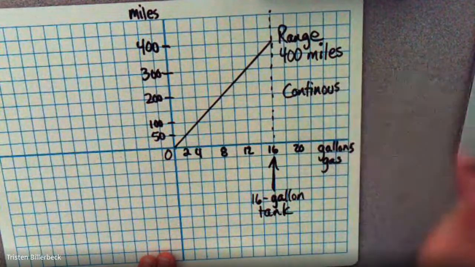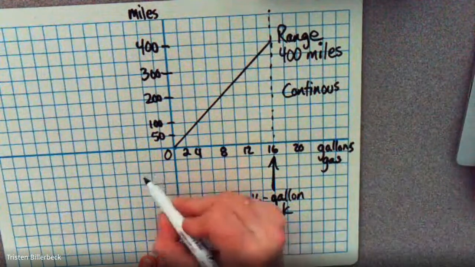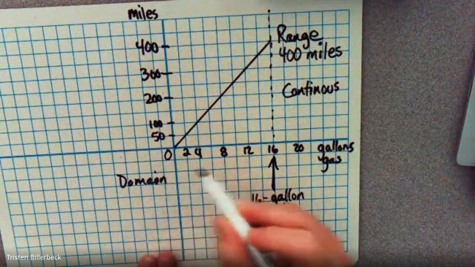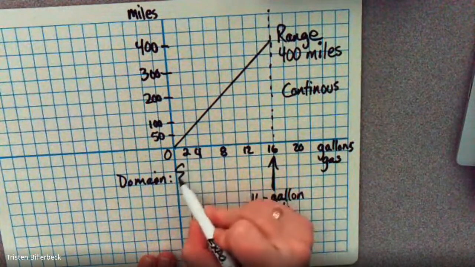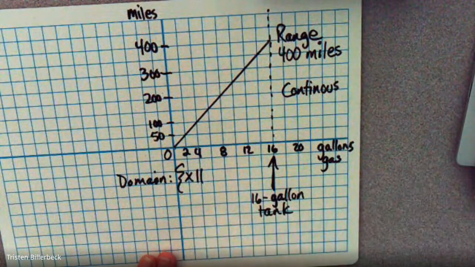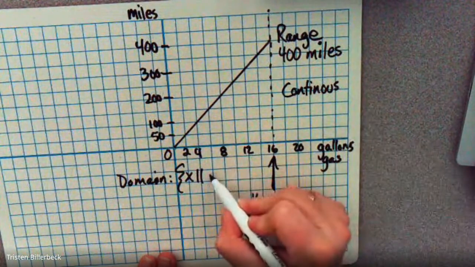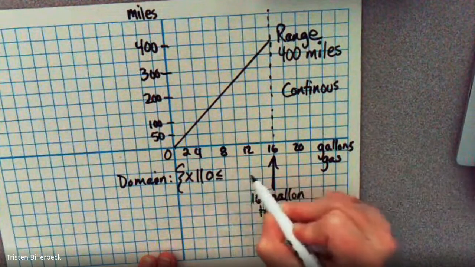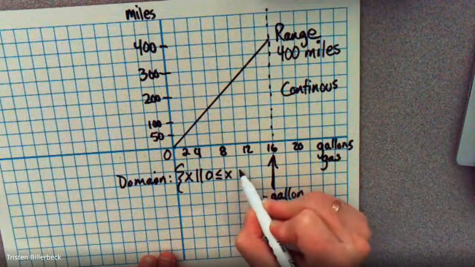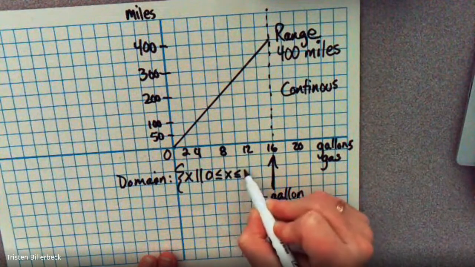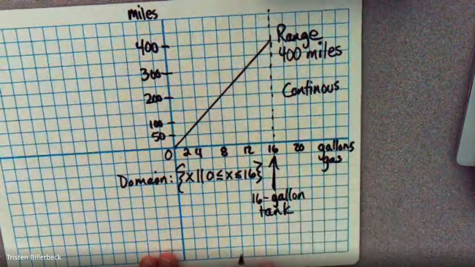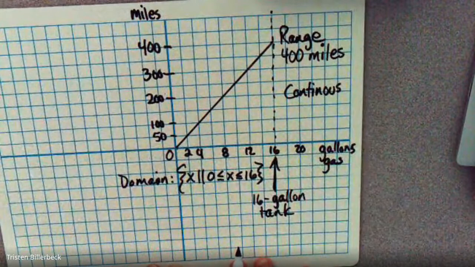If we were to write what this domain is, we can write it in set notation: x such that, that little thing means such that, 0 is less than or equal to x is less than or equal to 16 if the tank was full. So that would be the domain using inequalities.